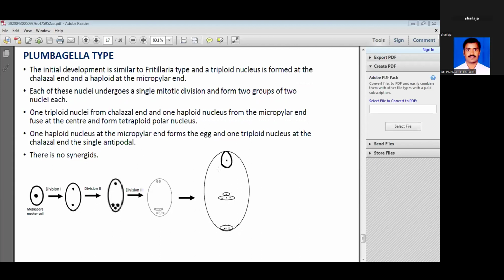One haploid nucleus at the micropylar end forms the egg cell. One triploid nucleus at the chalazal end is the single antipodal. We call this the single antipodal. There are no synergids observed in the Plumbagella. So that is the four nucleate embryo sac. It's very important. Example is the Plumbagella.